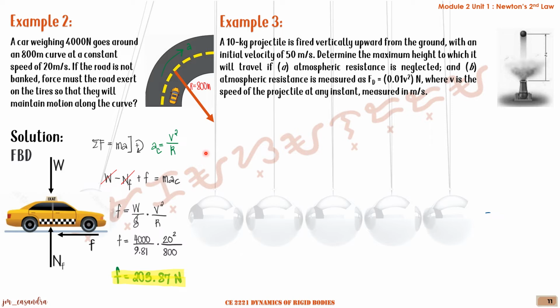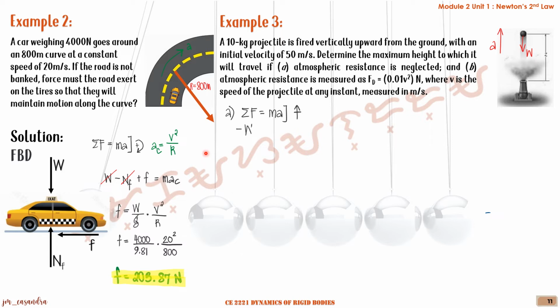Okay, so to start off with our solution, we draw first our FBD. So we have the weight of the projectile, no other forces acting on it for letter A. Its motion is upwards. So for letter A, we apply our equation of motion, summation of forces equal to MA, and that will be positive upwards.